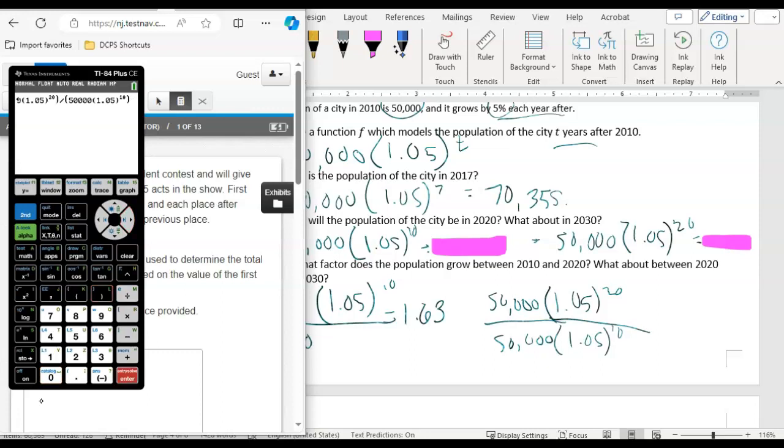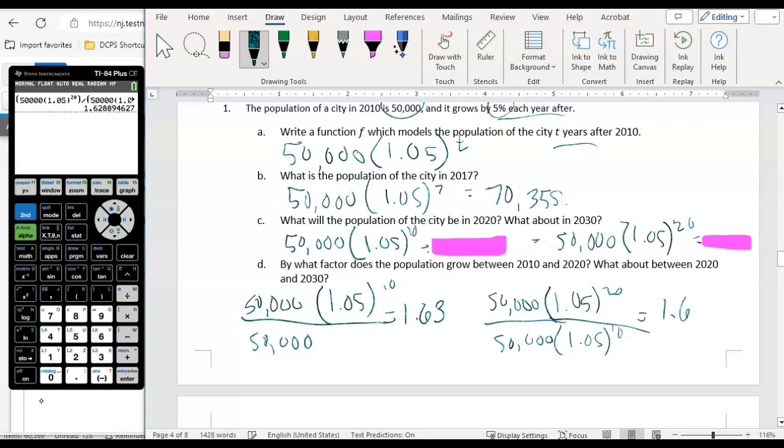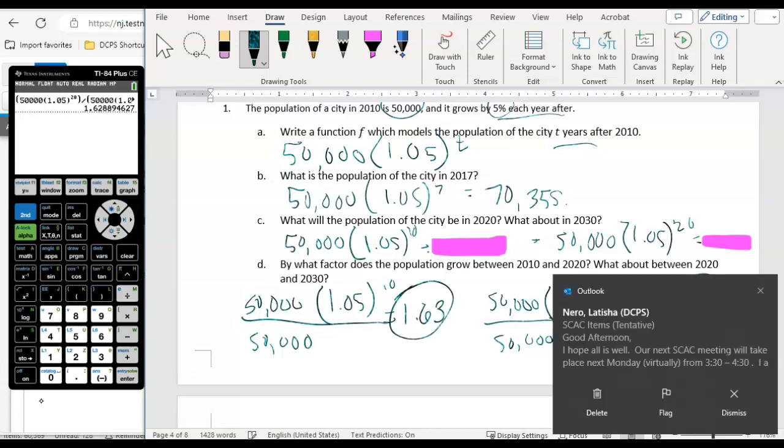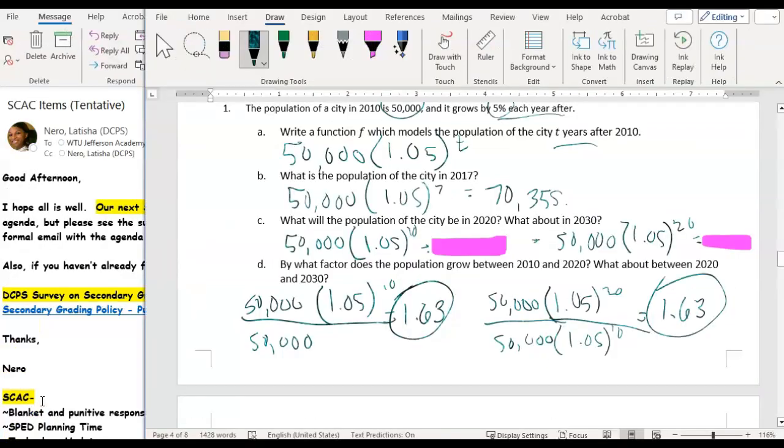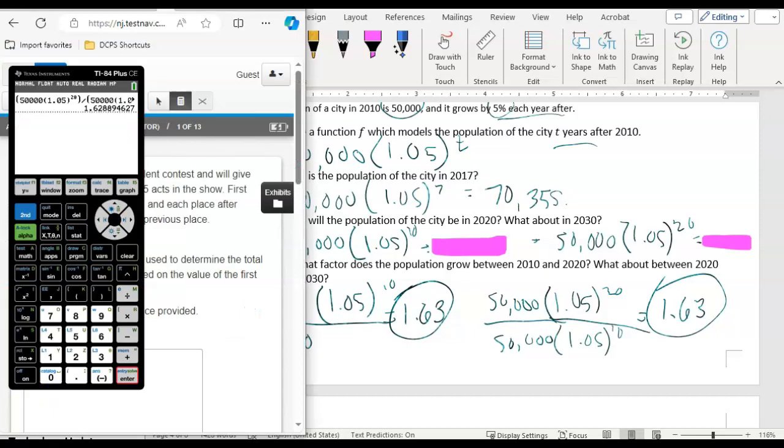All right. So when we do this, we also get 1.63, right? So it's around 1.63 is the factor that we are multiplying by for those 10 years that we are looking at.